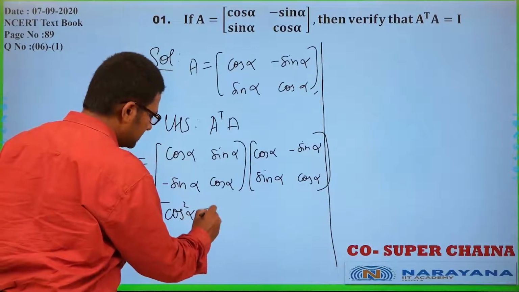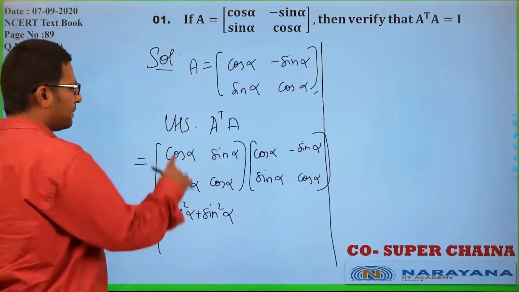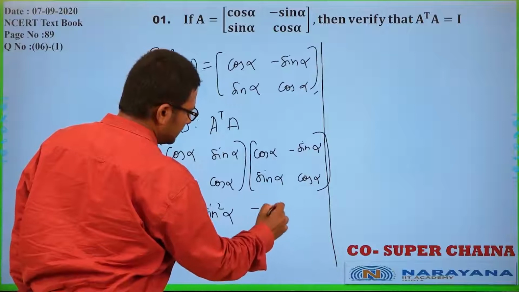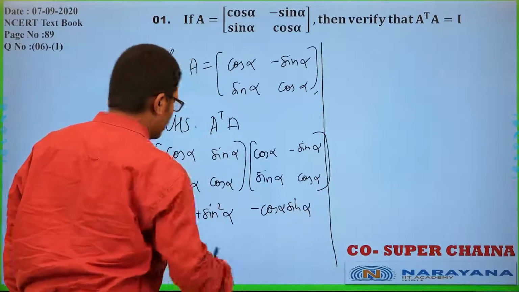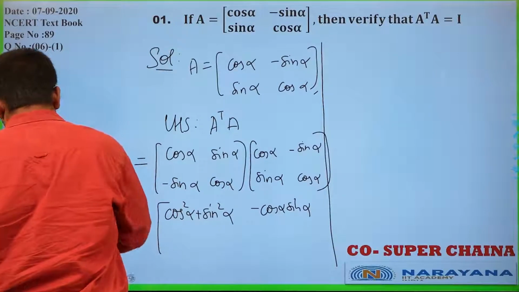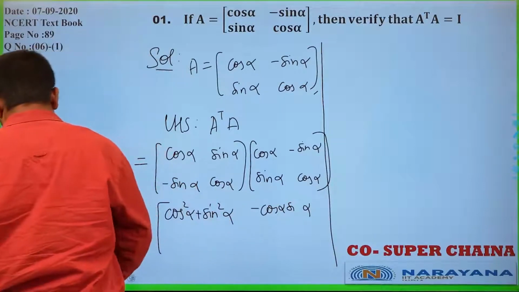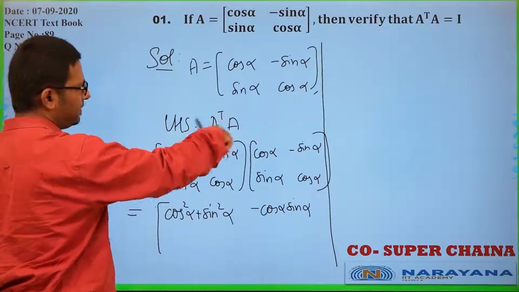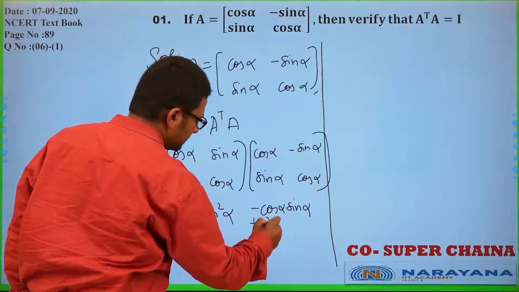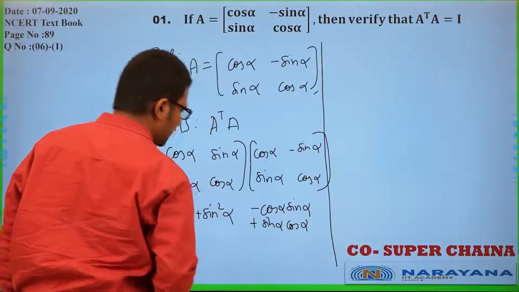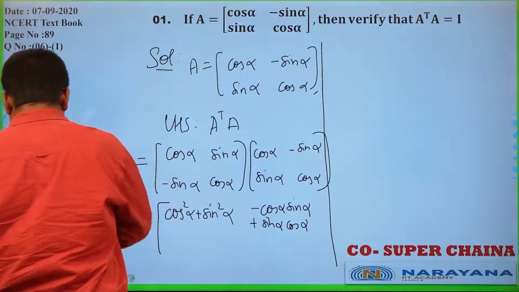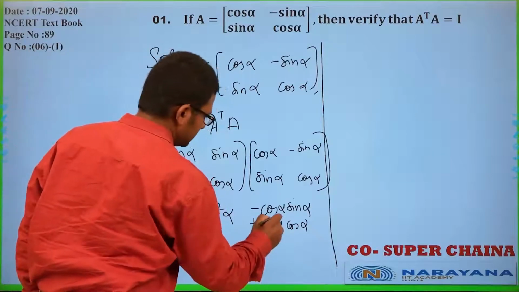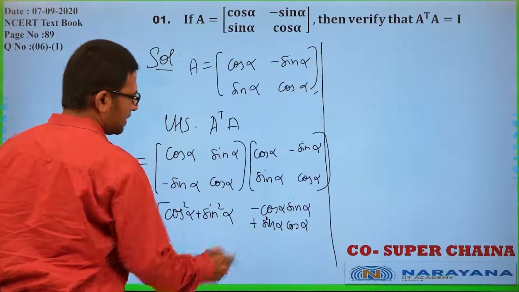Then minus cos alpha sin alpha plus sin alpha cos alpha, right?